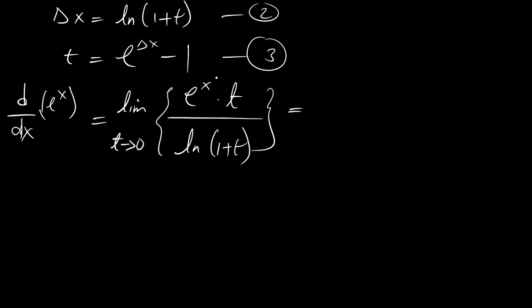It's a different variable, so we now have to bring it out. We now have x times the limit of t tending to 0 of t all over ln(1 + t).